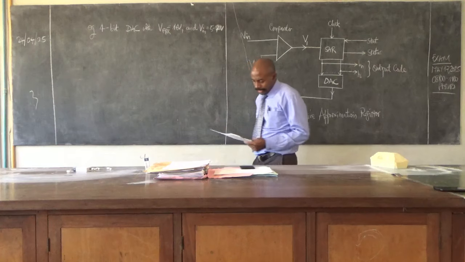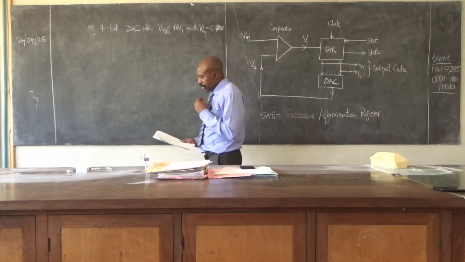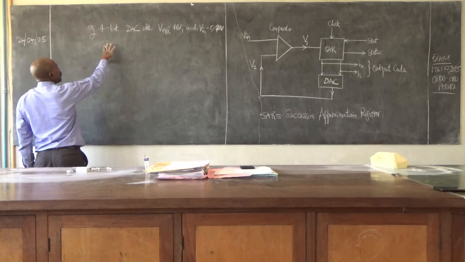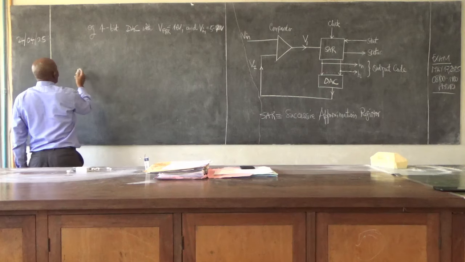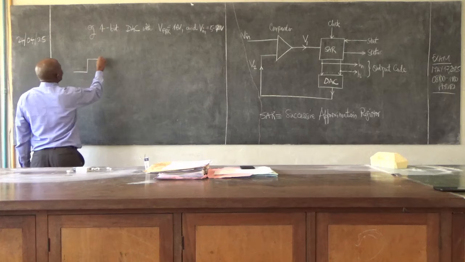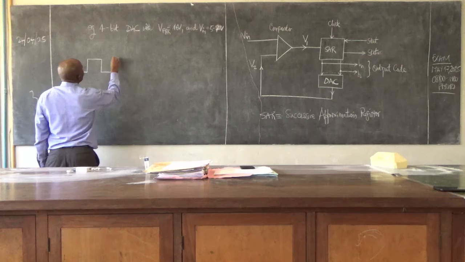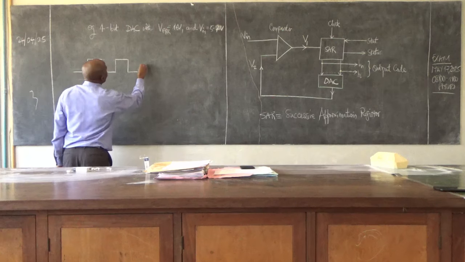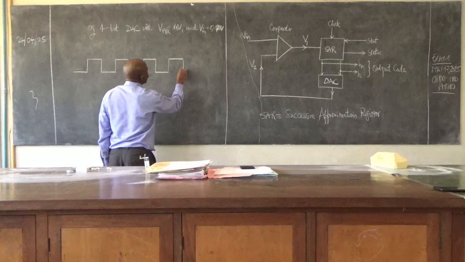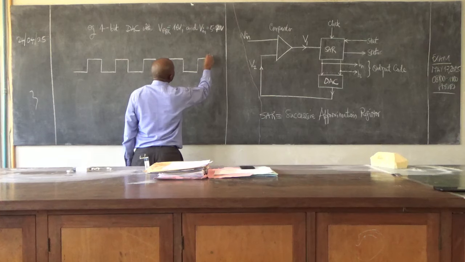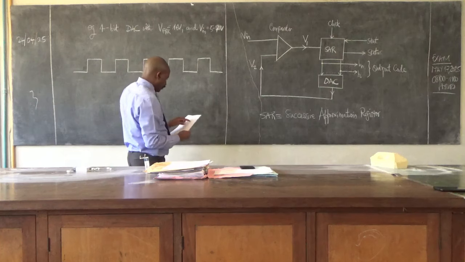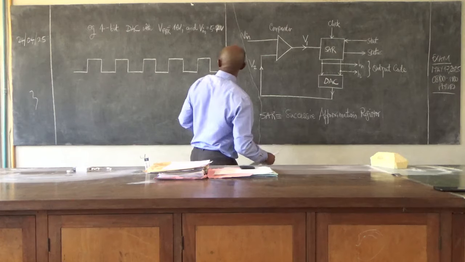Then I will draw something here in this space, but I want to first draw the clock. So I have the square wave for our clock. 1, 2, 3, 4, 5, 6, 7.